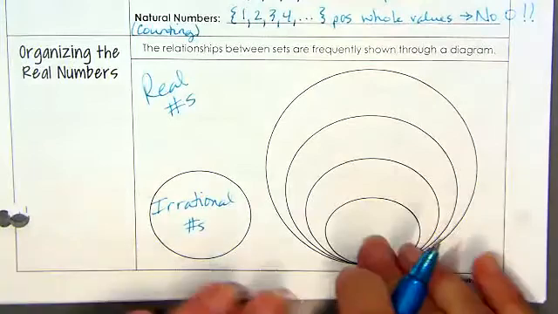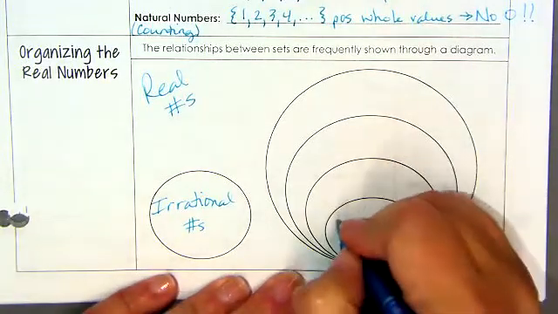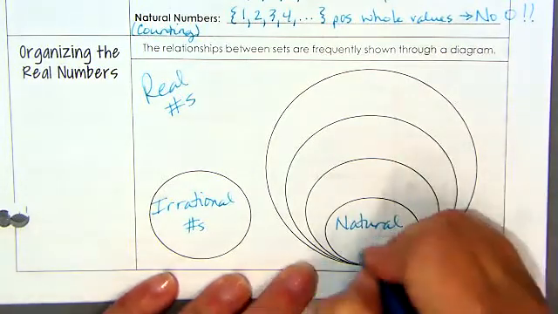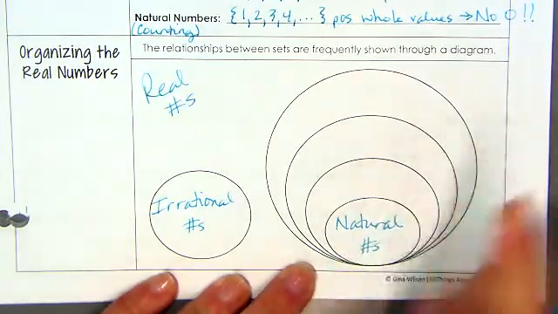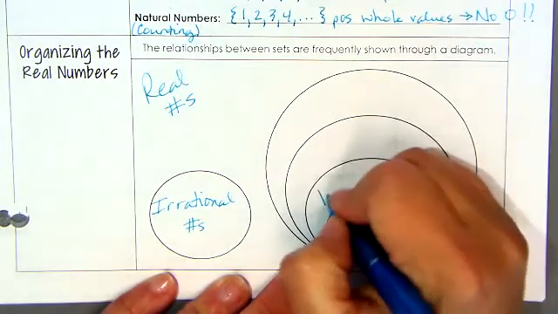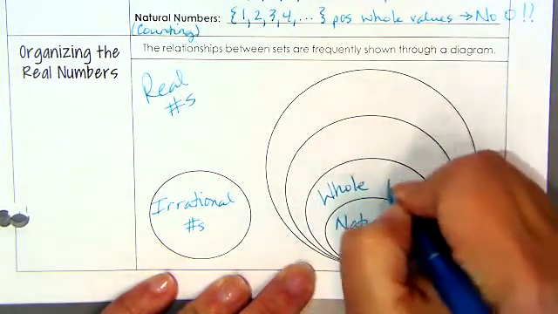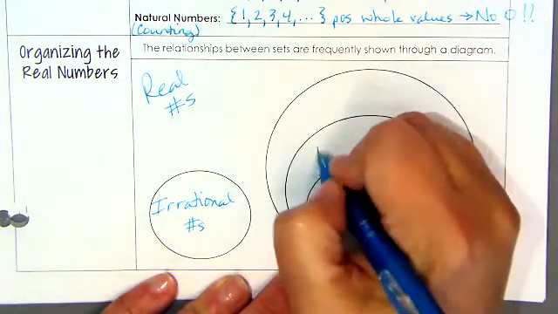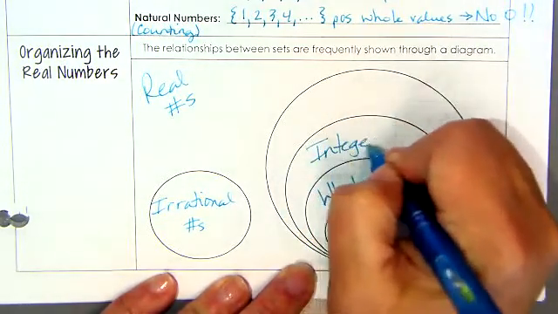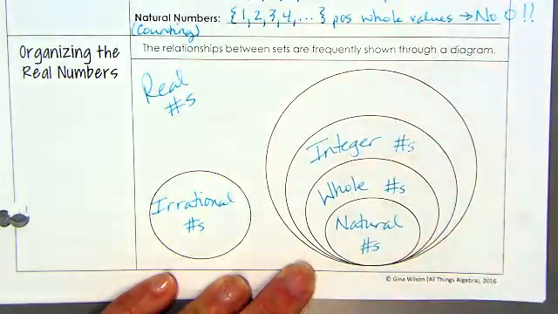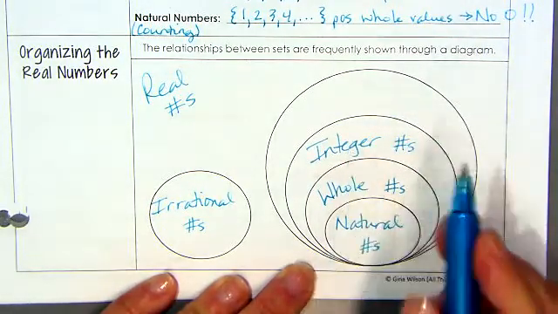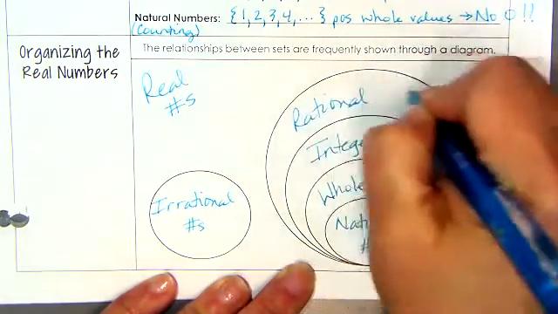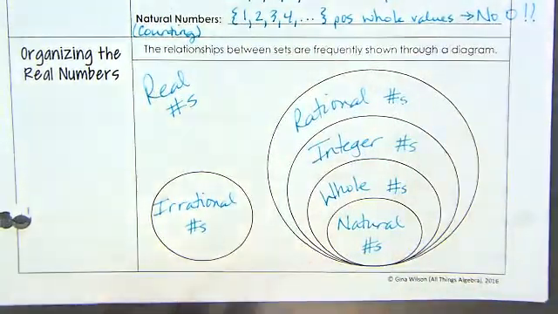The smallest section is natural numbers. Natural numbers are inside whole numbers. Natural and whole numbers are inside integers, and natural, whole, and integers are all inside rational numbers.